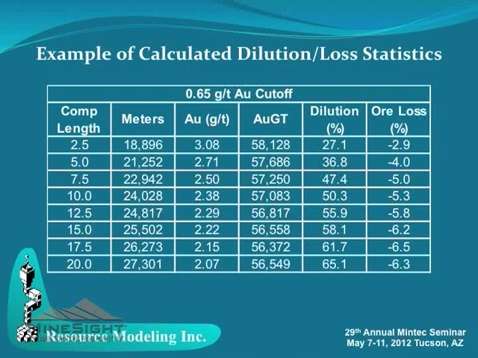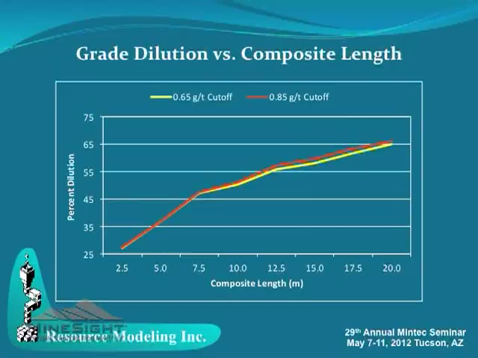And as those composite lengths start increasing, you can see that the amount of meterage above cutoff increases, but the gold grade in this case starts decreasing. Likewise, our grade thickness product decreases, and you can see that our dilution goes from about 27% up to 65%, and the ore loss from around 3% to 6%.